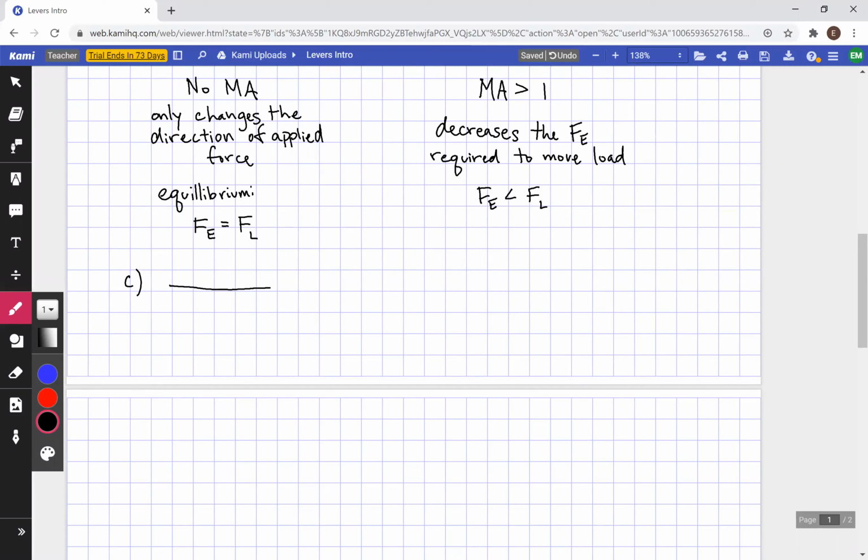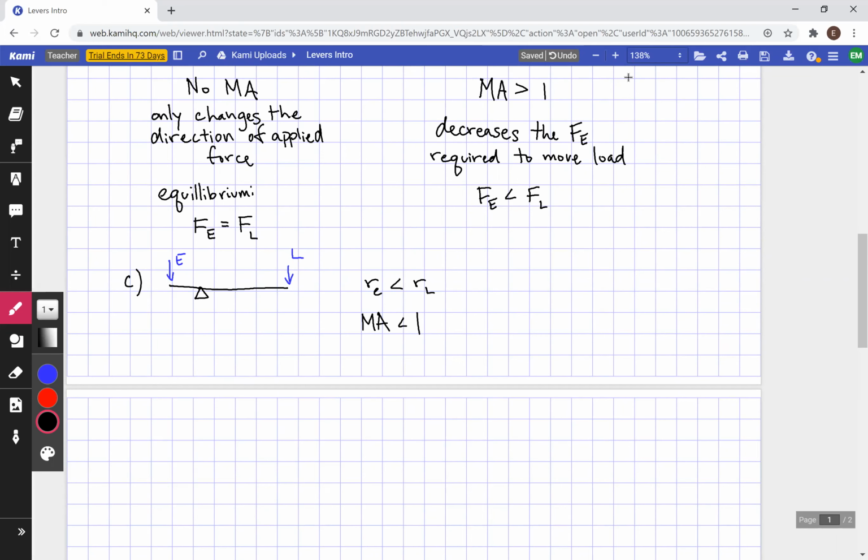is when the effort force is closer to the fulcrum and the load is further away. So we have a radius to the effort that is less than the radius to the load. And in this situation, this means that we're going to have a mechanical advantage that's less than 1 because you don't get the benefit of having that distance.